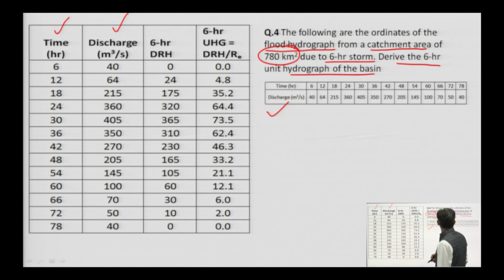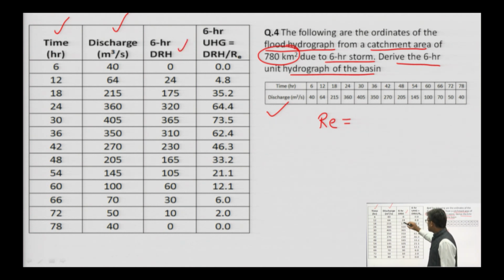It will be calculated after calculating the effective rainfall. No, first of all we need to find the DRH.